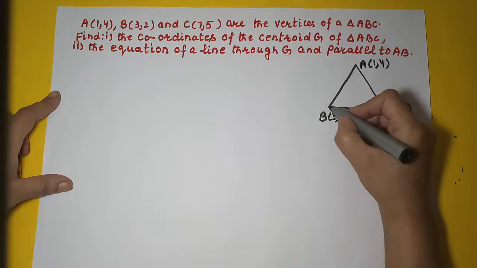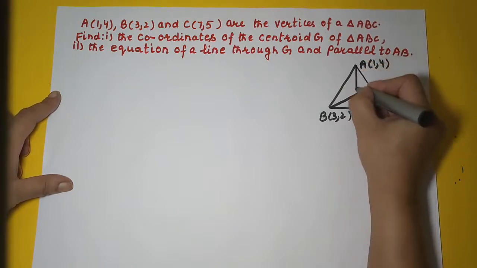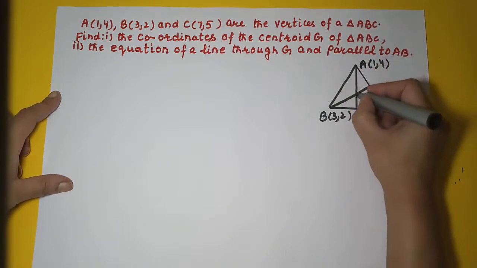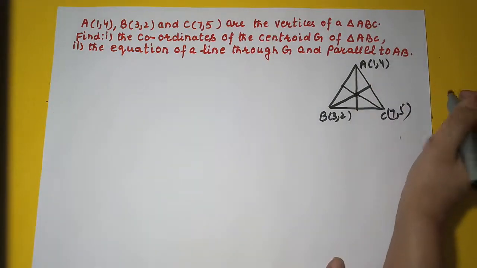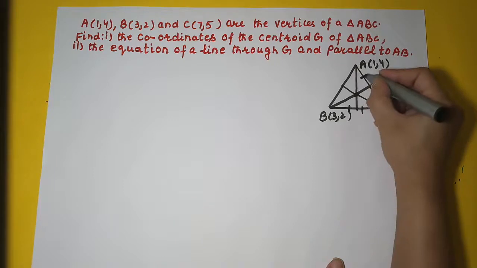Alright. So what is the centroid? Now we know the centroid is a point where the medians of a triangle pass through. It's the point of intersection of all the medians of a triangle.